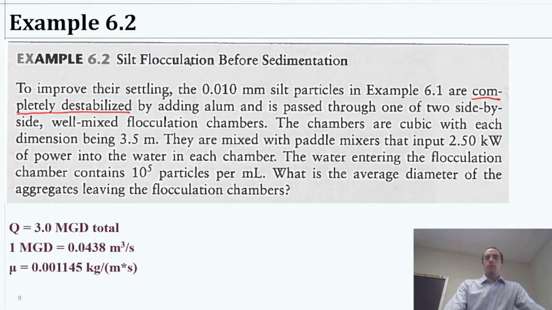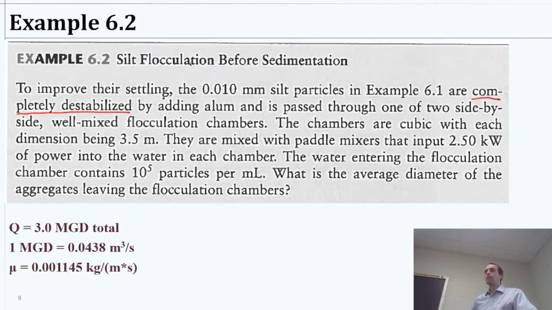They're mixed with paddle mixers that input 2.5 kilowatts of power into the water in each chamber. And it says the water entering the flocculation chamber contains 10 to the 5th particles per milliliter. So that's giving us an initial number concentration. Then the question is, what is the average diameter of aggregates leaving the chamber?